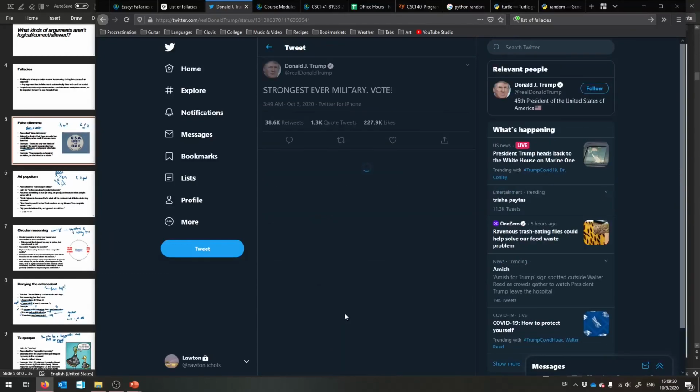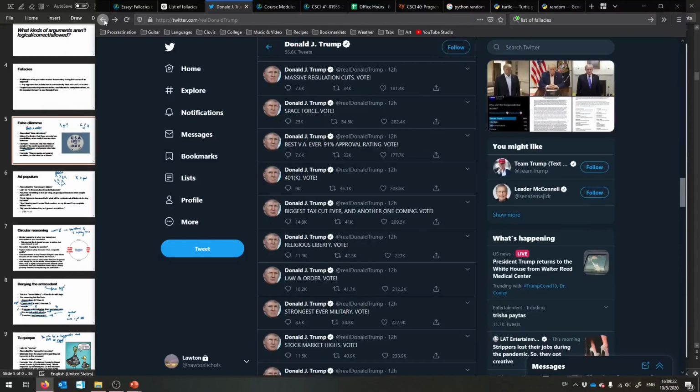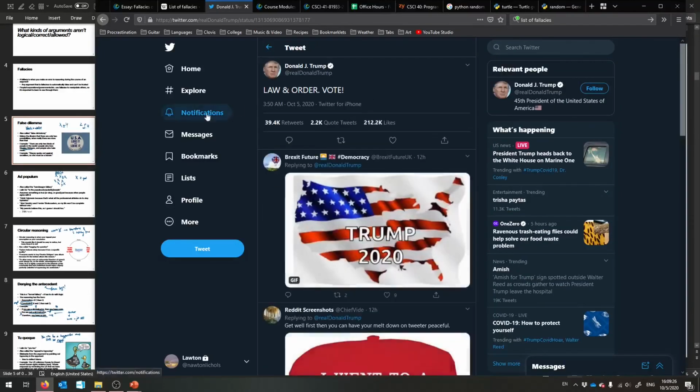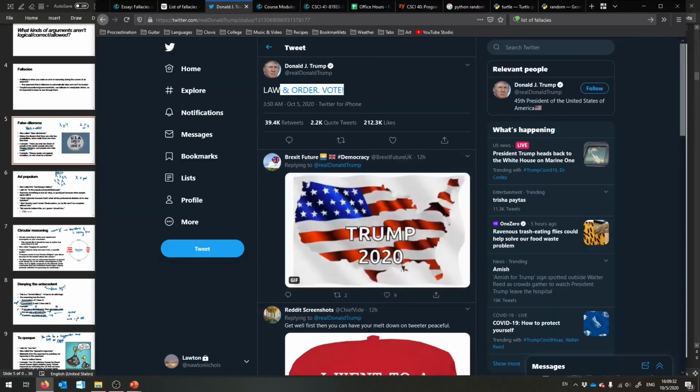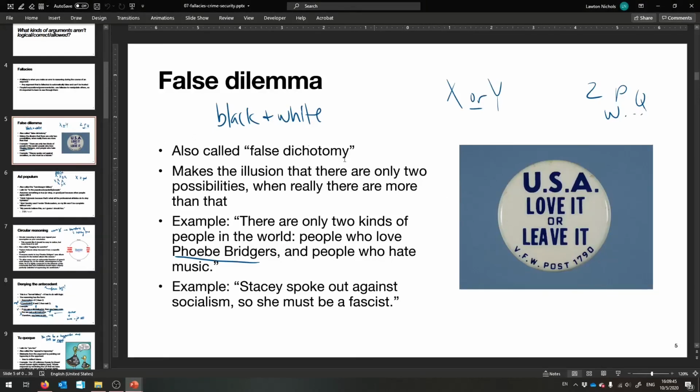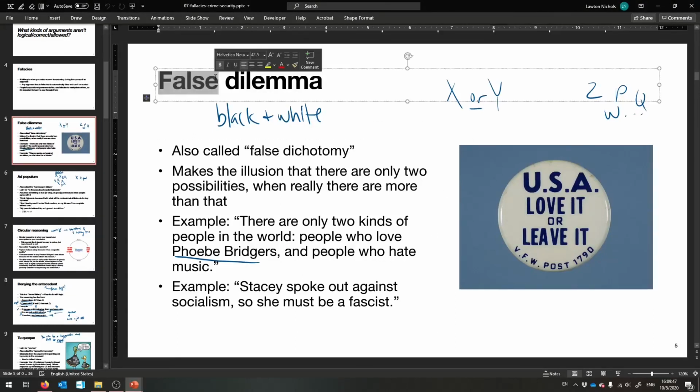That I could see might be a true argument. But if we go back here, "law and order, vote" is a false dilemma fallacy. It's making the case, and you'll have to read between the lines for this one, but this tweet is essentially saying, you vote for me, or you don't have law and order. That's the idea, and obviously that is not true at all. So that's a false dichotomy, a false dilemma fallacy.